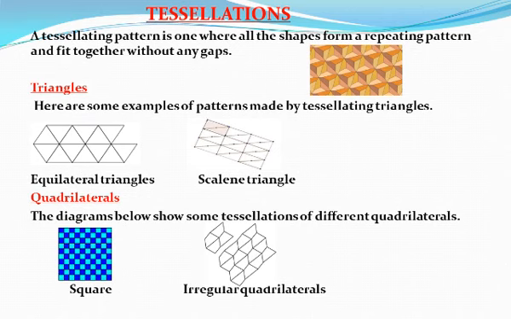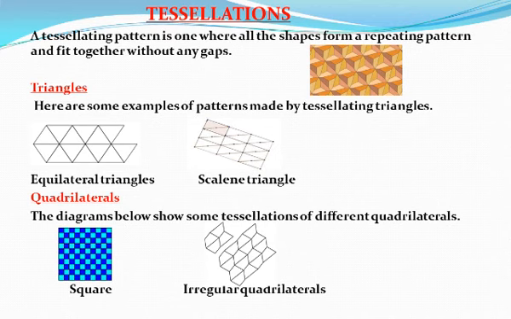A tessellating pattern is one where all the shapes form a repeating pattern and fit together without any gaps. You can see one example of a tessellating pattern here. Triangles. Here are some examples of patterns made by tessellating triangles.